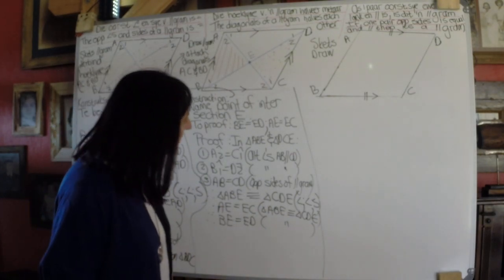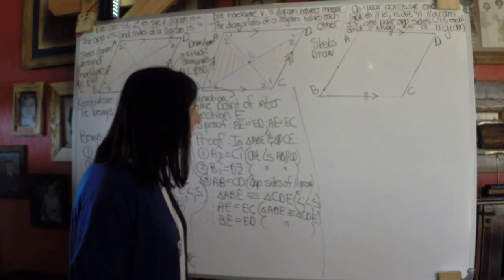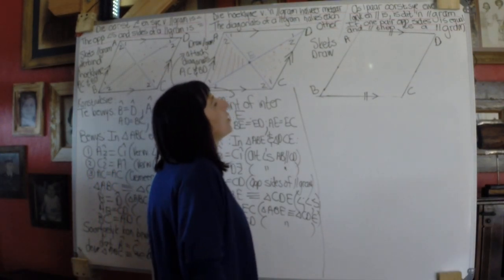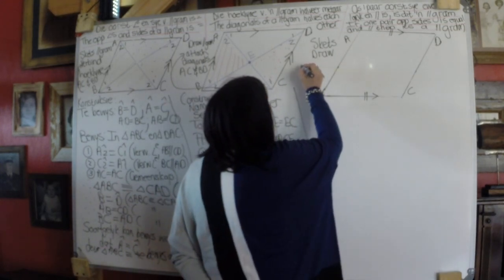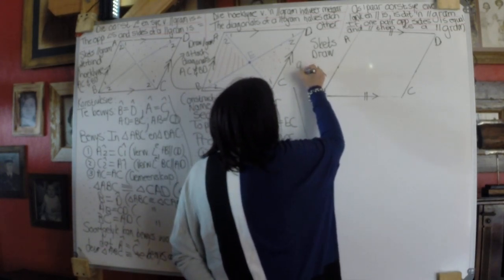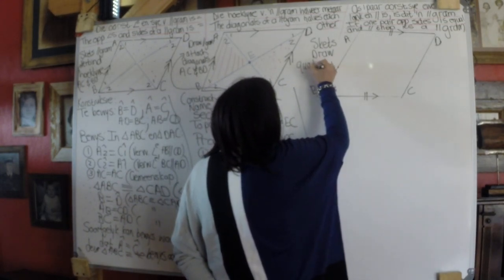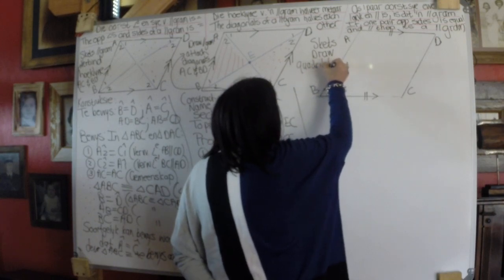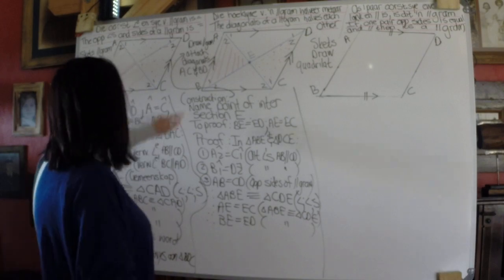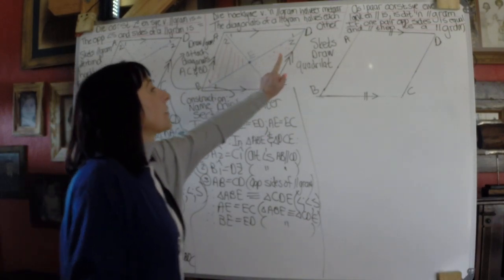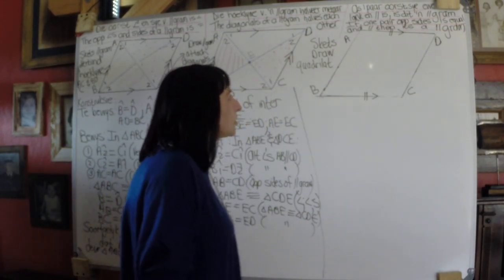So ons begin weer. Number 1. Draw a quadrilateral ABCD. Not a parallelogram like in the previous two, a quadrilateral, a vierhoek.